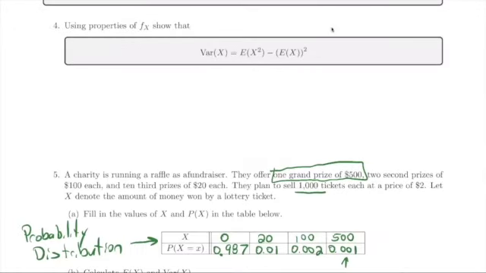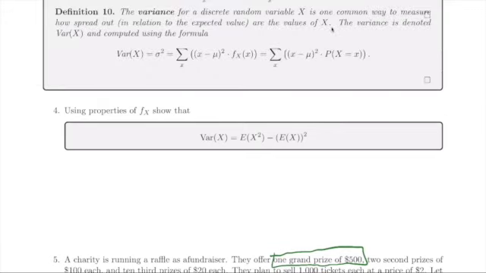So next we'll calculate the variance for this example. But before we do that, let's prove a general property. By definition, here's how we calculate the variance of a random variable.